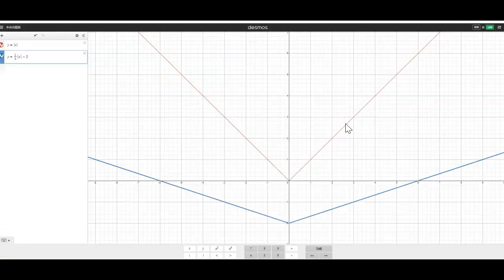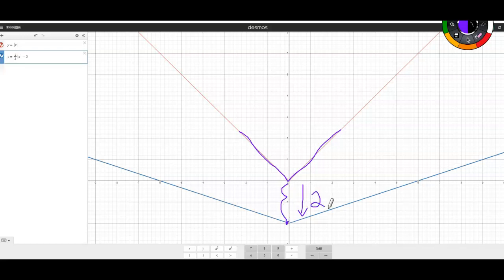This time you'll see, compared to your parent function, your baby function is moving down. How many units? 2 units. And your baby function becomes wider by vertically compressing your parent picture.